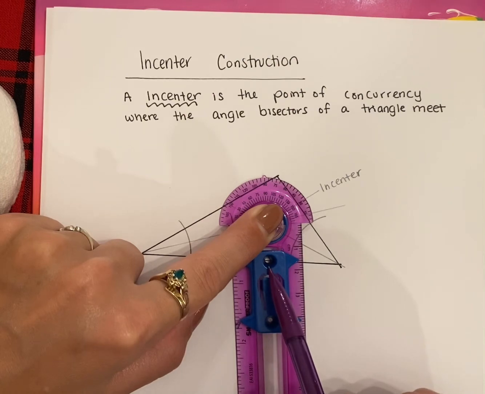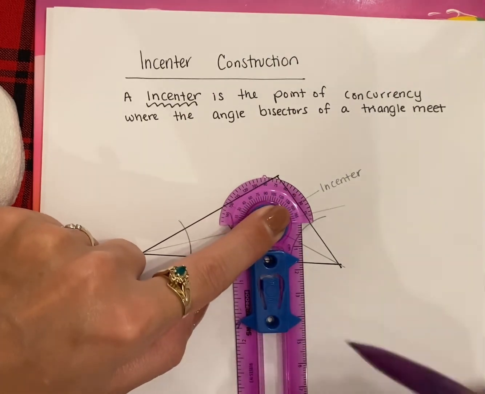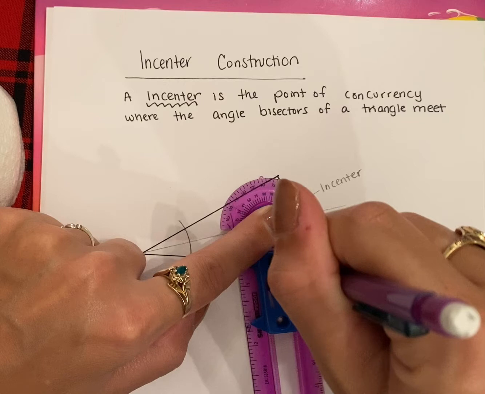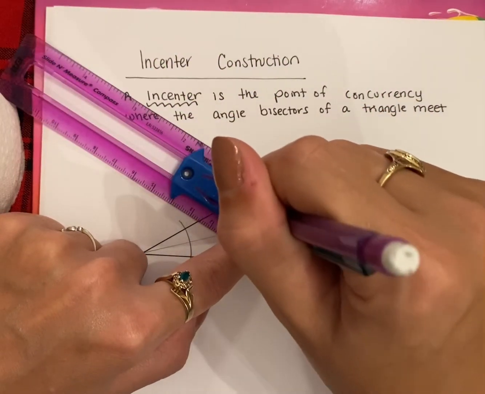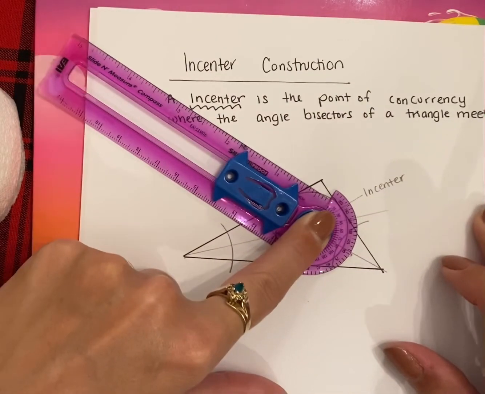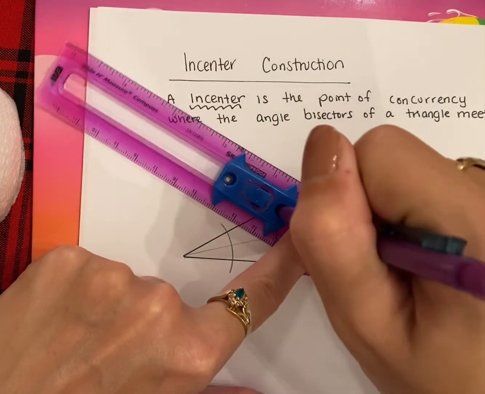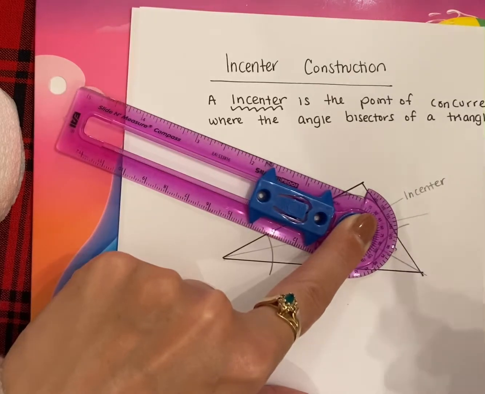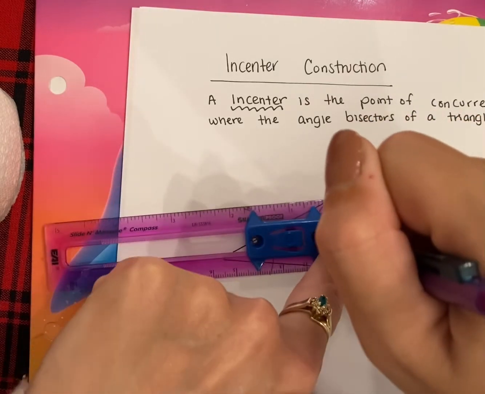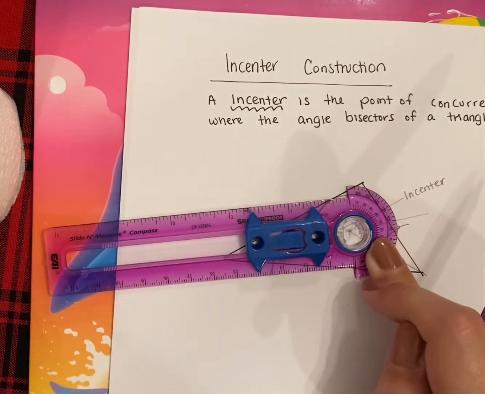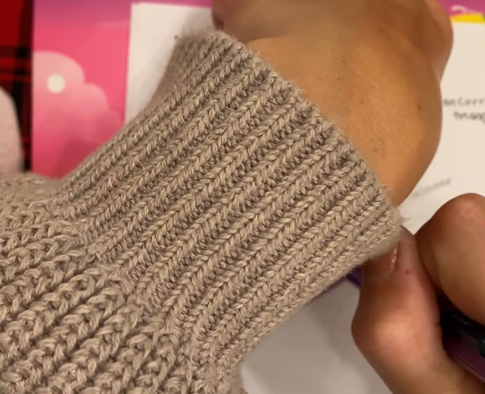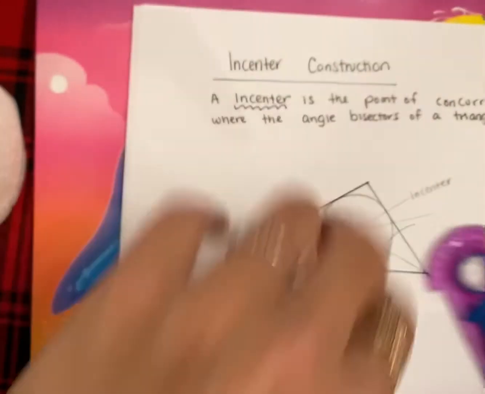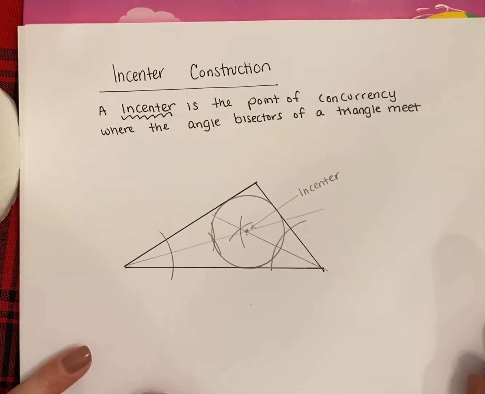So I can see the bottom of my triangle and I'm going to use that and go all the way around. It's actually going to create a circle on the inside of my triangle.